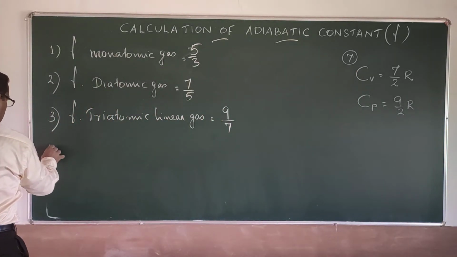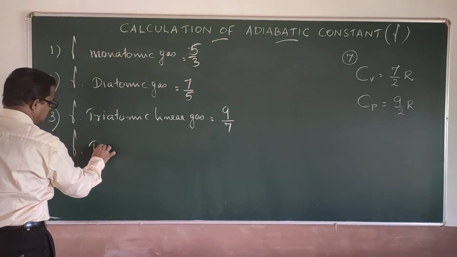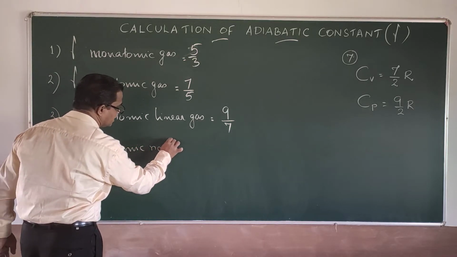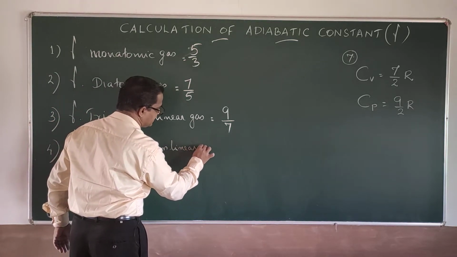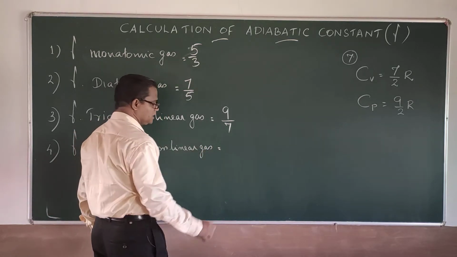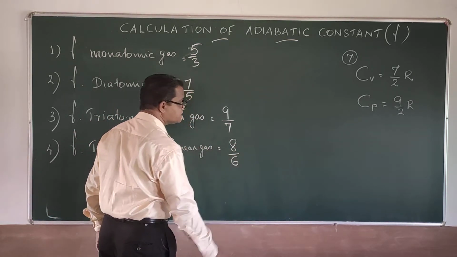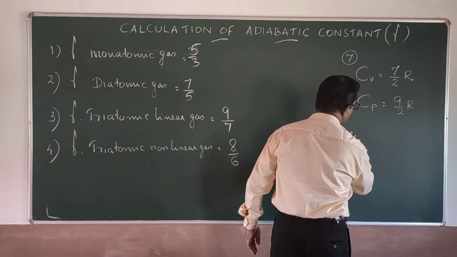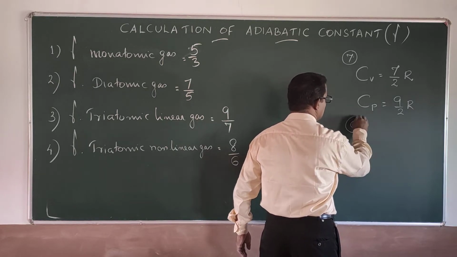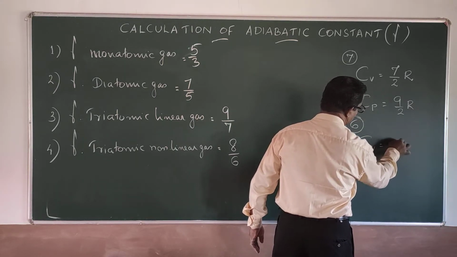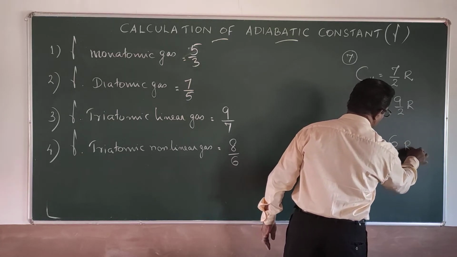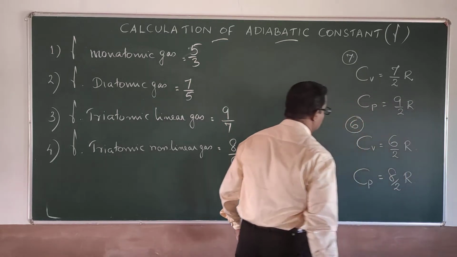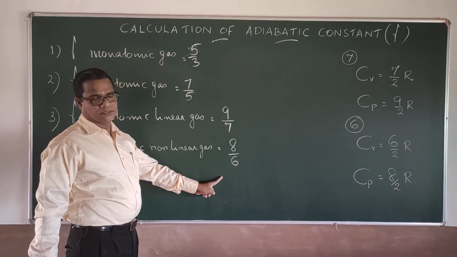And then comes the fourth one, that is gamma for triatomic non-linear gas. You can have it as 8 by 6, because for that the number of degrees of freedom is 6, and therefore Cv equal to 6 by 2 R and Cp equal to 8 by 2 R, and therefore it comes as 8 by 6.